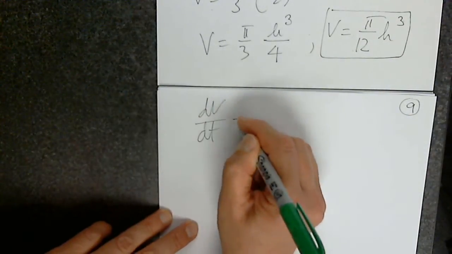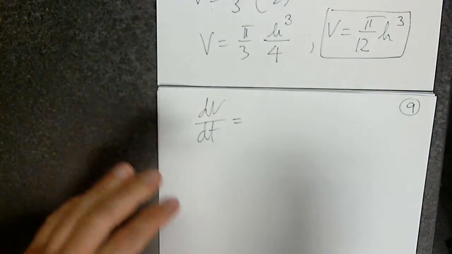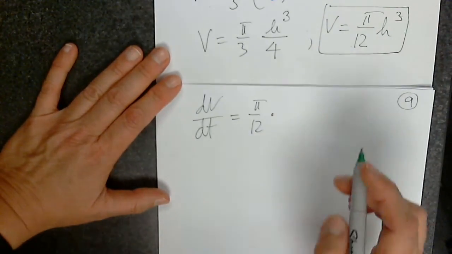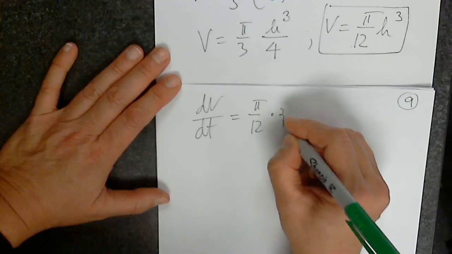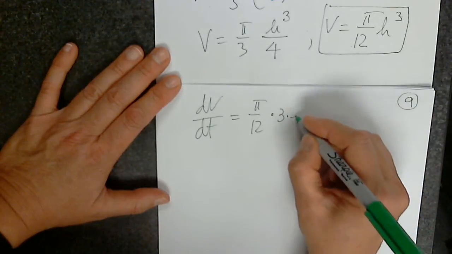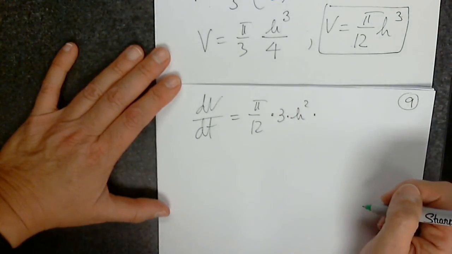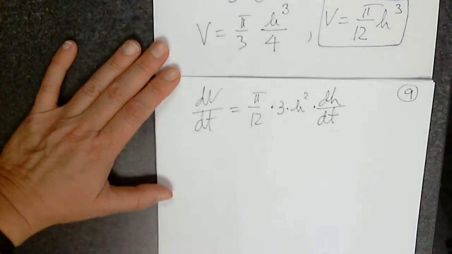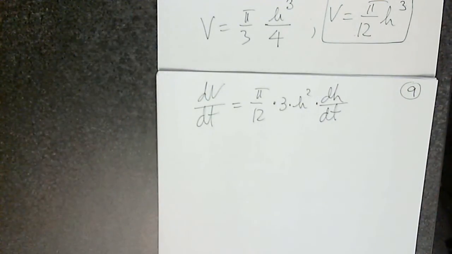The right-hand side: pi over 12 times 3 times h squared times h prime. Both are functions of time. So the left-hand side is dV over dt, and the right-hand side is 3 pi over 12 times h squared times dh over dt.